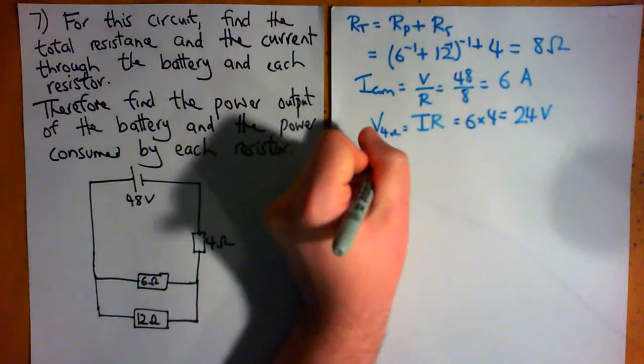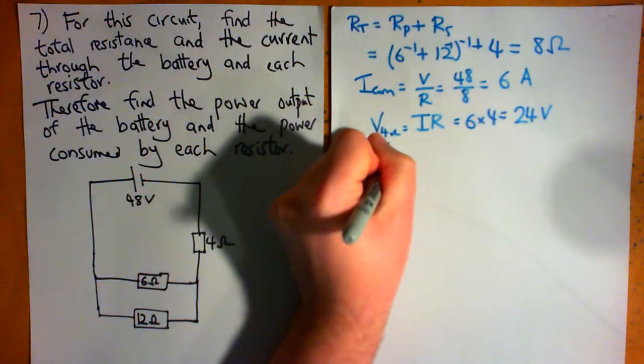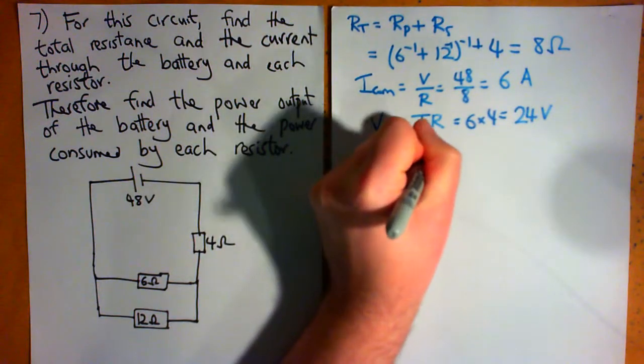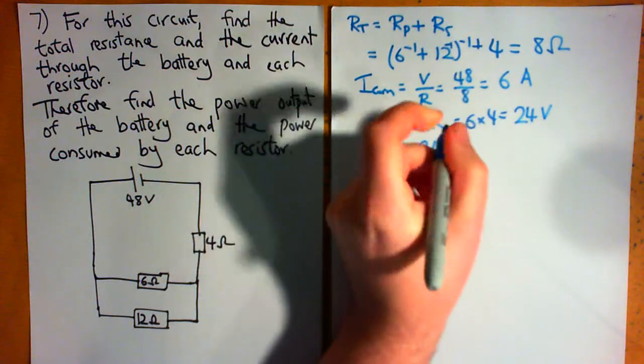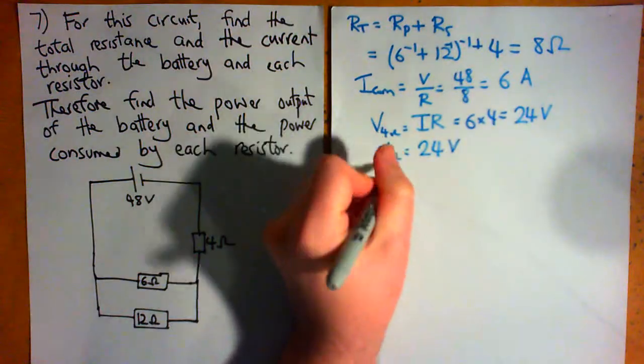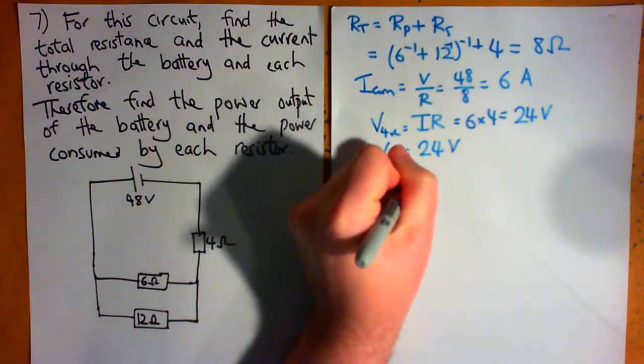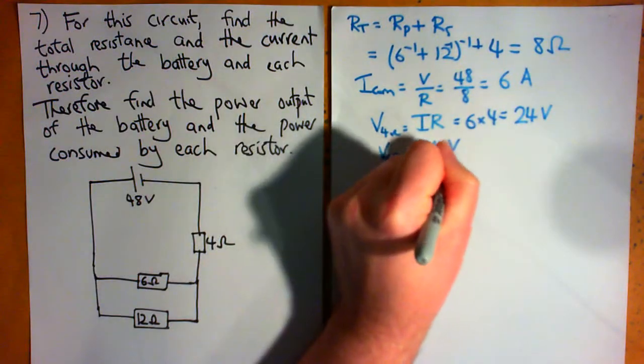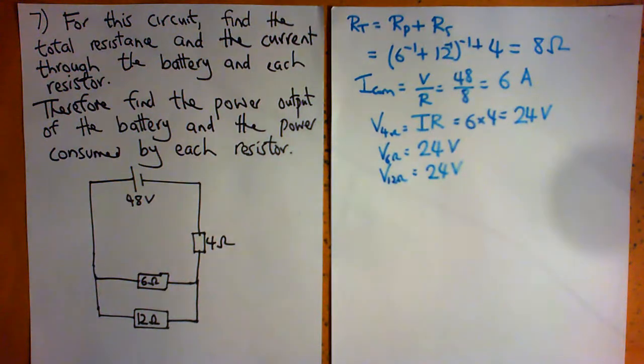So the voltage across the 6 ohm resistor must be 24 volts, and the voltage across the 12 ohm resistor is also 24 volts for the same reason.